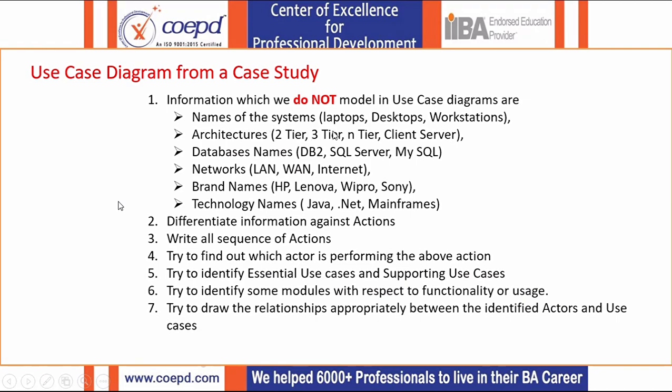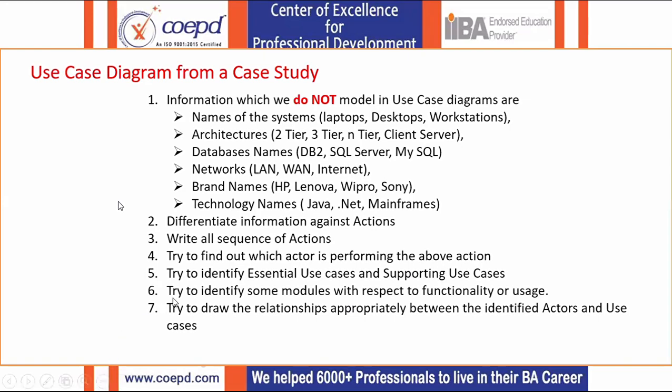Any systems like laptops, desktops, stations, or architectures, database like servers and all, networks and technology. If any of these are becoming your inputs, you don't need to consider them for drawing that diagram. Information is any one of these, which they are expecting in given inputs. They are only to understand, but not to implement functionality. Okay, that's the first step.